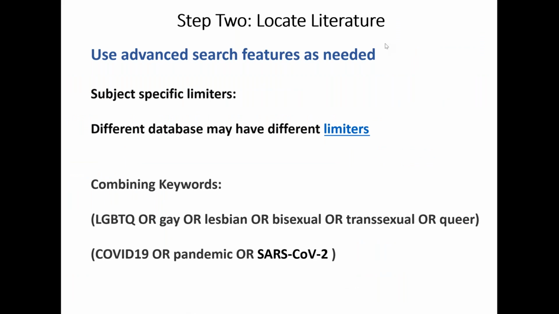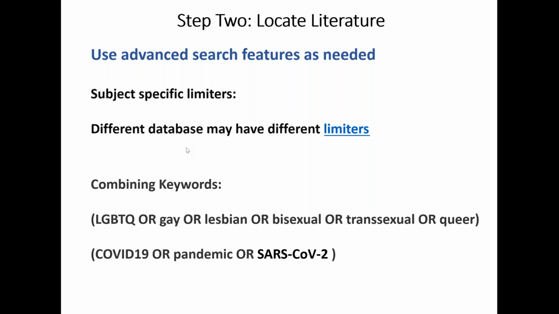I find it really helpful too to combine keywords like related terms. So for example, if we were doing a search on an LGBTQ population, we could definitely use LGBTQ as a keyword and get results, right? But it may not give us all the results. If we combine keywords by using OR, we might be able to expand our search.